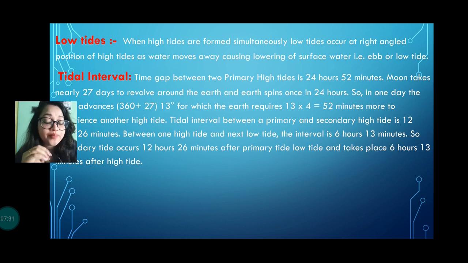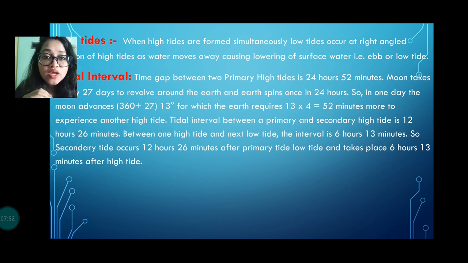How many days does the moon take? 27 days to complete one revolution around the earth. And the earth spins on its axis in 24 hours, so one complete rotation means 24 hours. So in one day the earth completes a rotation of 360 degrees.